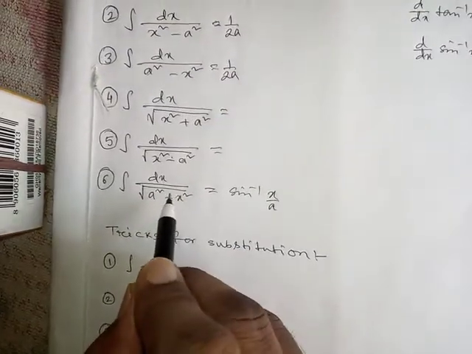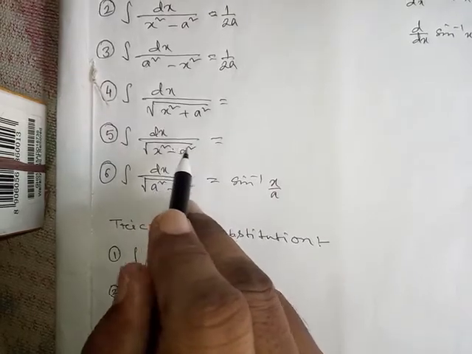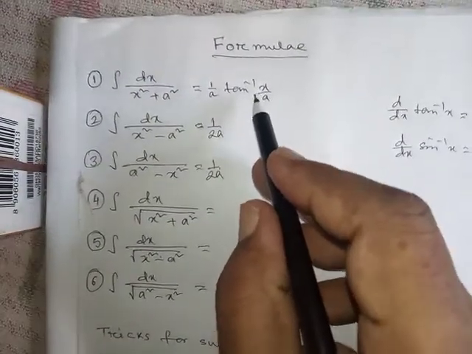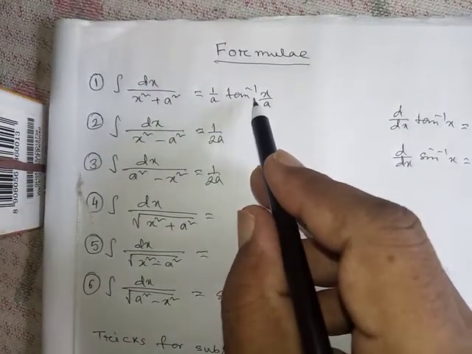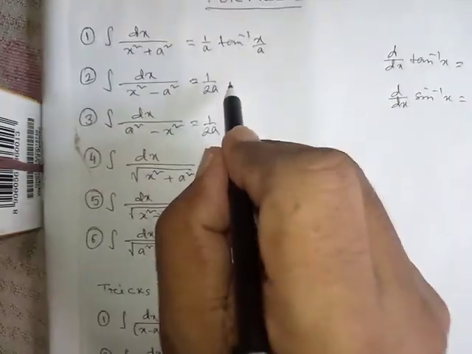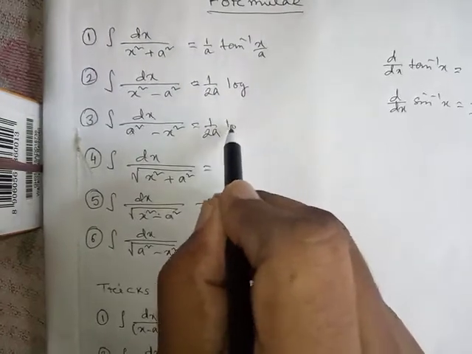That means you have to remember that when there is something within square root, it is tightly bound, so nothing will come out. But after getting similarity with tan inverse and sine inverse, these two are fixed. All other formulae will come with log.